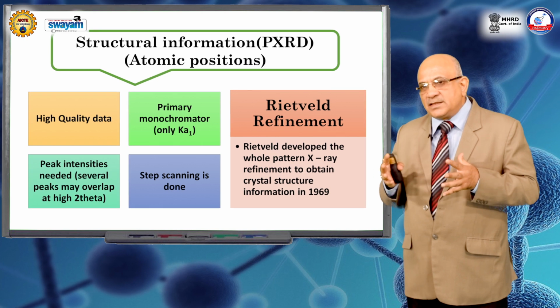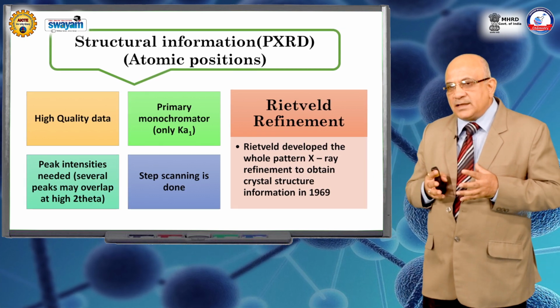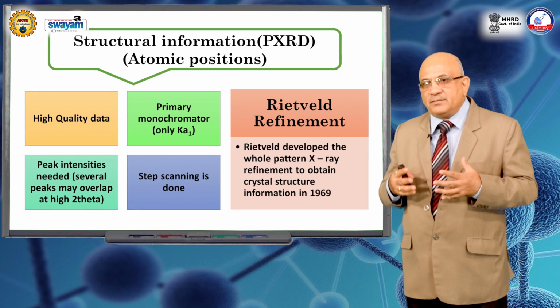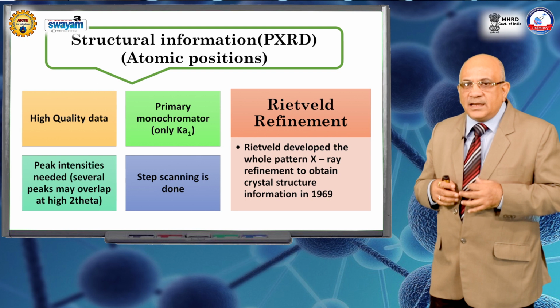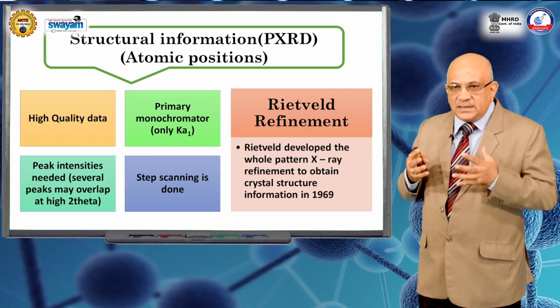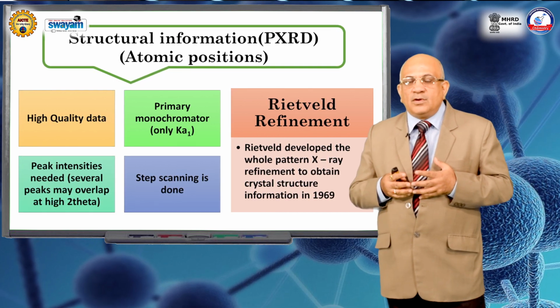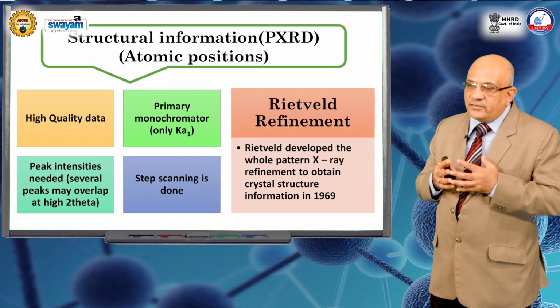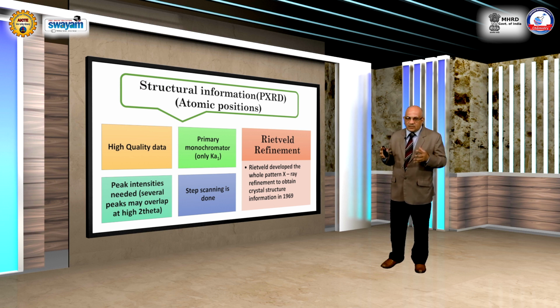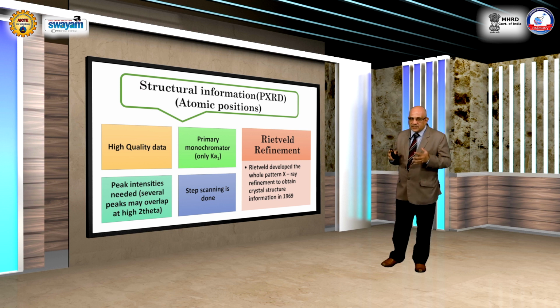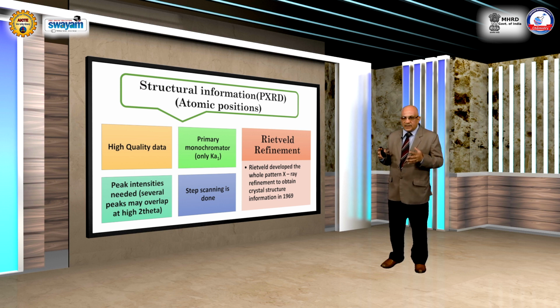This method of getting very high quality data and then doing refinement was developed by Rietveld, and hence it is called the Rietveld refinement. It is a detailed procedure where you fit the entire diffraction pattern to a model diffraction pattern, and this requires software to minimize the difference between your pattern and the model pattern whose crystal structure you have an idea of.